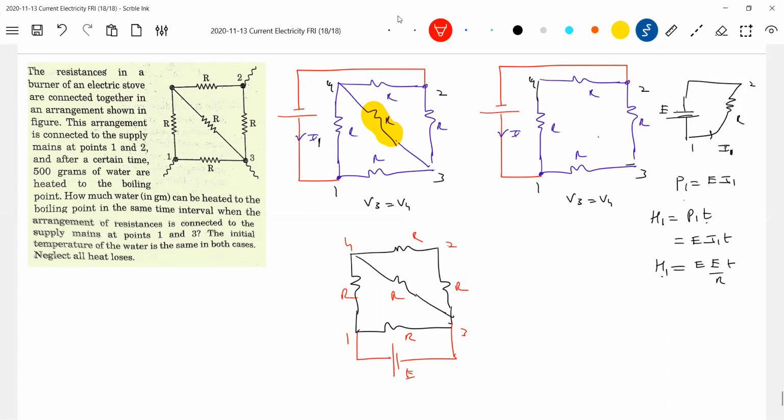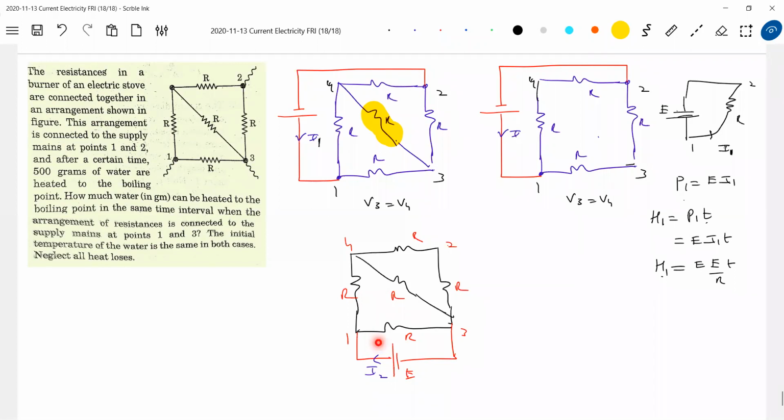The current, the same cell. So let the current flowing through this be I2. And then how do you do it? Series parallel, this is 2R. 2R parallel to R will be 2R by 3. 2R by 3 plus R is 5R by 3. 5R by 3 parallel to R.